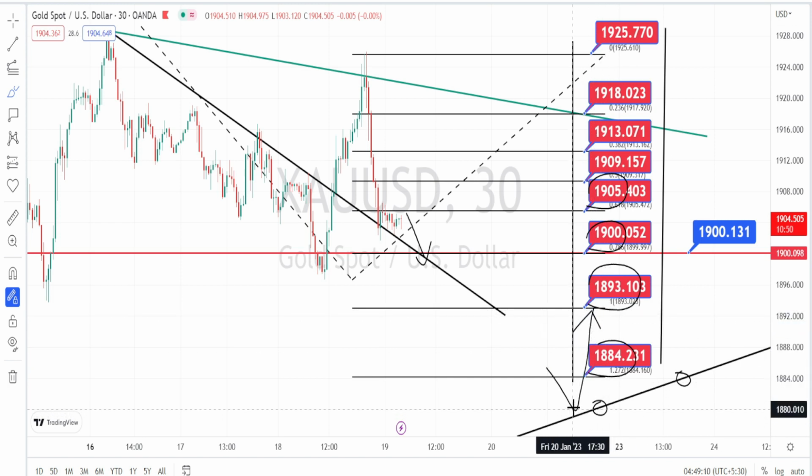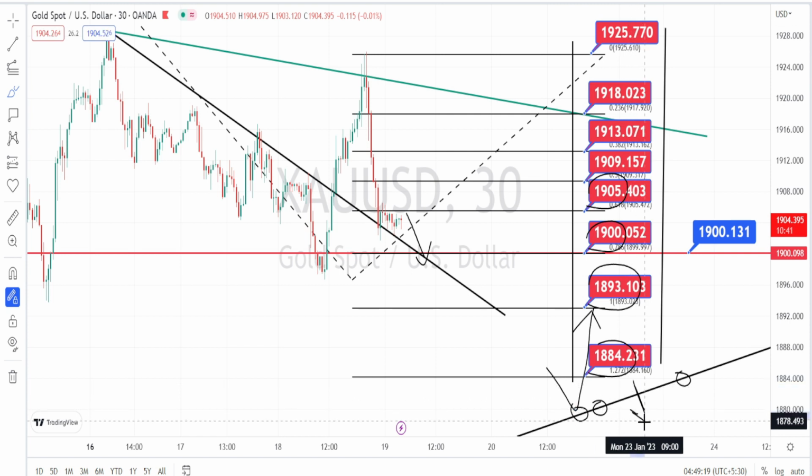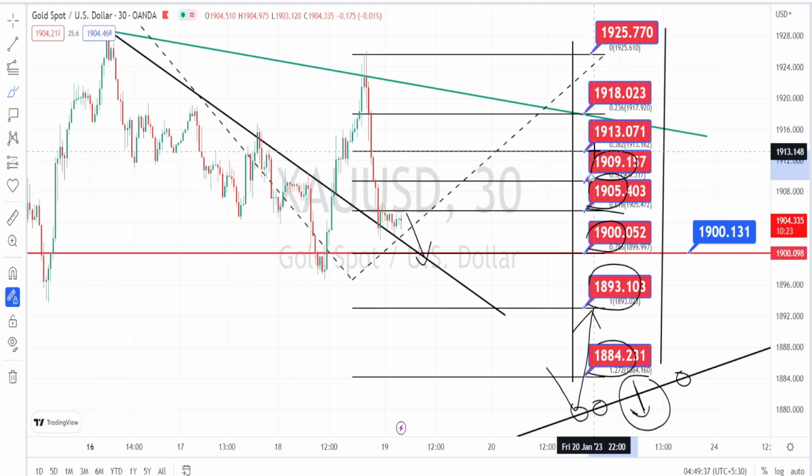And if the price action breaks this trend line, it will be the confirmation of the continuation of the bearish trend from the higher time frame also. And on the bullish side, if the price action breaks the resistance level of 1905, the next levels of resistance are going to be around 1909, 1913, 1918 and 1925.